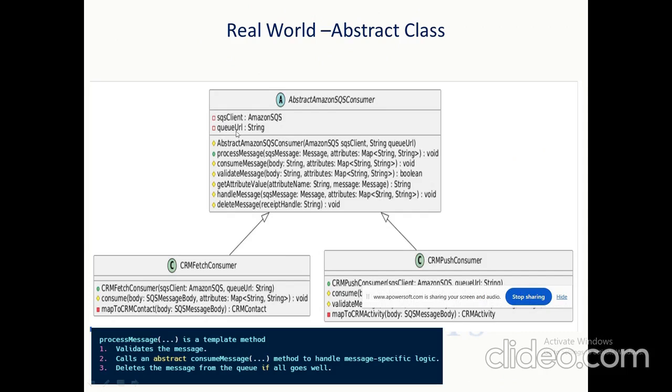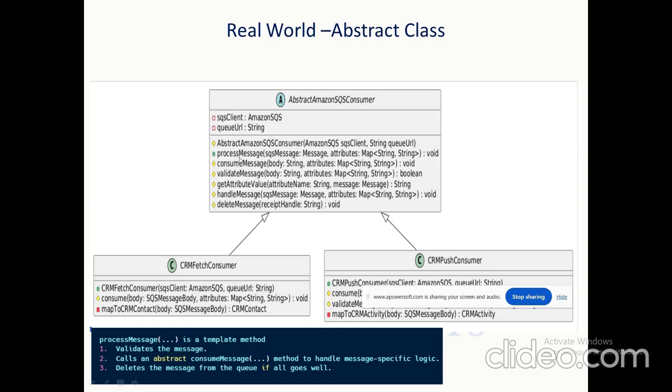As we can see here, it holds shared fields such as sqsClient and qUrl. sqsClient is of type AmazonSQS, and qUrl is something which connects to a specific queue. We also have a constructor here which initializes these fields.